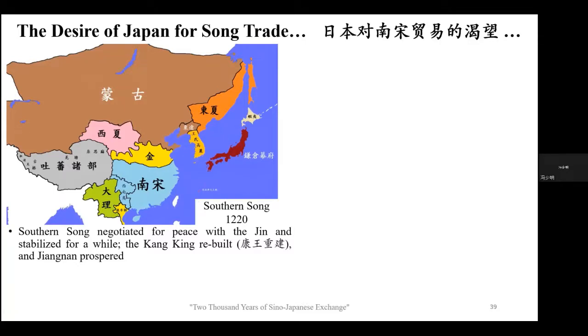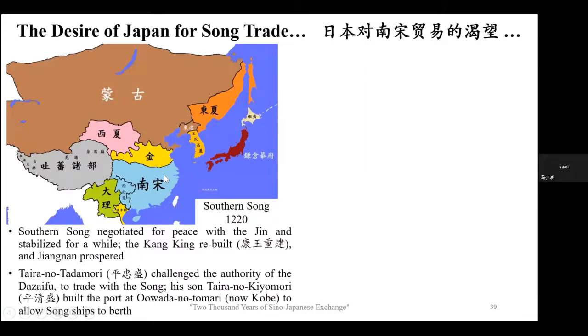At the same time, during this period, the Jiangnan in Zhejiang province prospered. Now there's a Japanese called Taira no Tadamori. He challenged the authority of the Dazaifu, which had complete monopoly over the Song merchant trade.